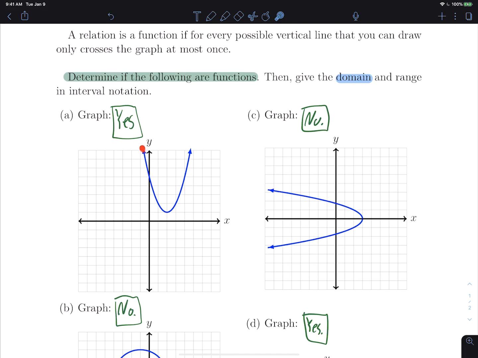Notice that this arrow is pointing up and to the left, which means, for the domain question, that this is going forever to the left and it's going forever to the right, which means on the x-axis, there is no x that I would not use. In other words, I will use every x value on the x-axis. So the domain here will be negative infinity to infinity.